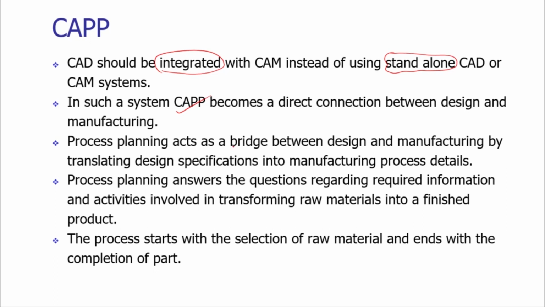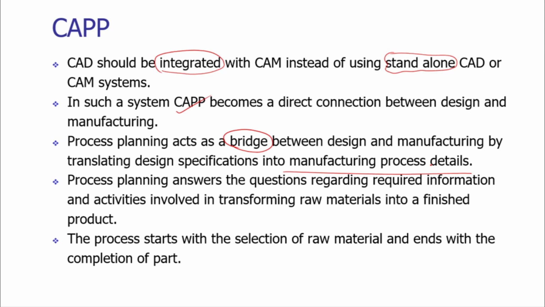It is basically the bridge between design and manufacturing, translating the design specifications into the manufacturing process details. So we need a translator which converts the design information into the manufacturing process details.